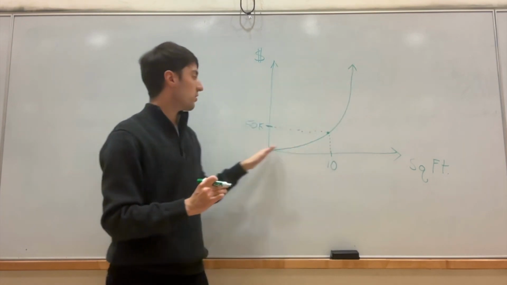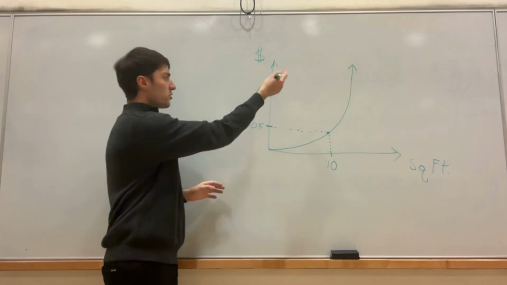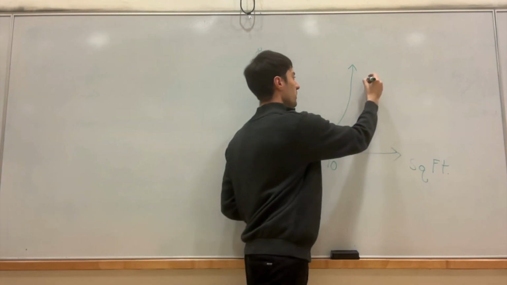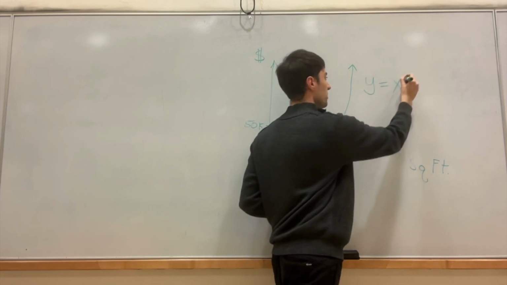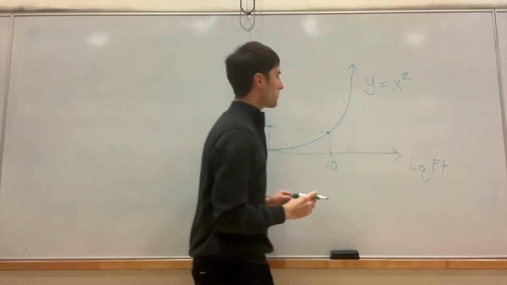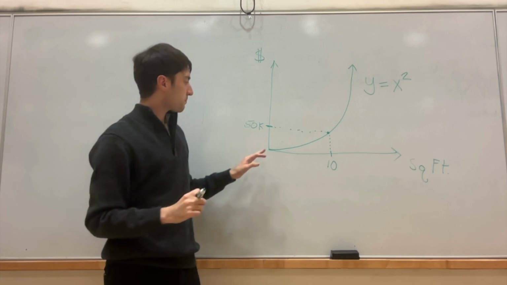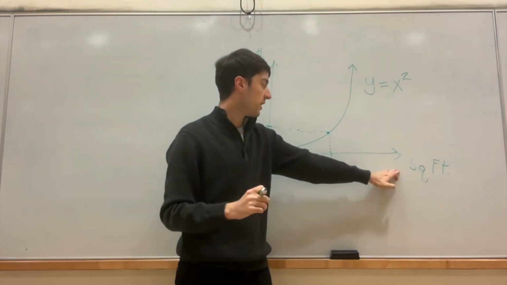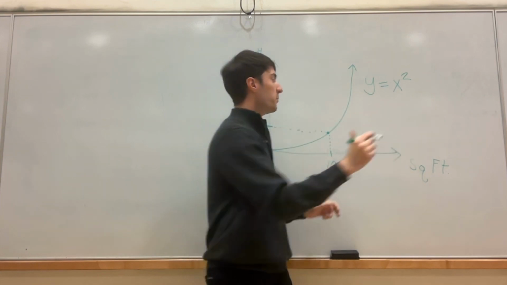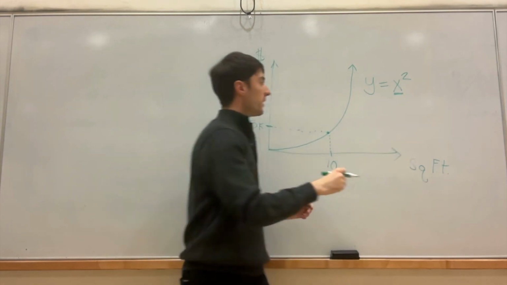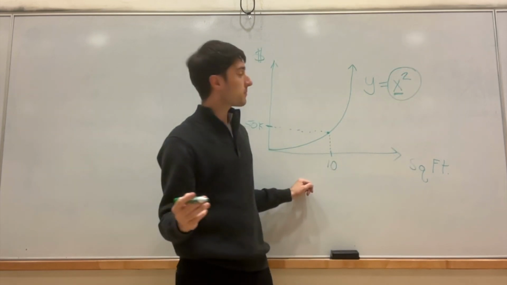Now, this model right here, we can say is governed by an equation, right? Let's write this equation here. Y equals x squared, okay? This is a parabola, right? So the x-axis right here, we can feed in an input right here, and here is the transformation which occurs, correct?